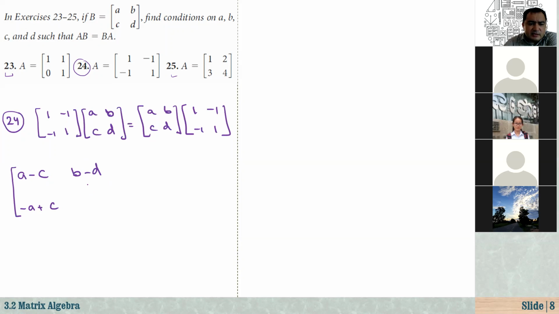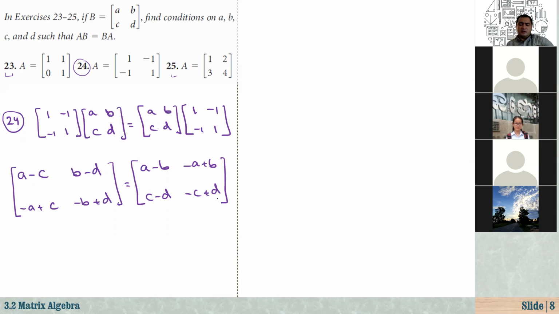And the last one, negative b plus d. How about on the right-hand side? Here we have a minus b, negative a plus b, and here we have c minus d, and here we have negative c plus d.